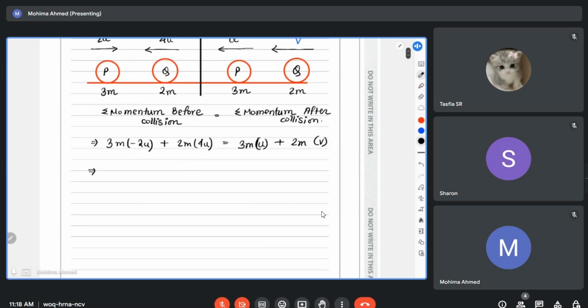If you just make v the subject, but before that, on the left hand side you have minus 6mu plus 8mu is equal to 3mu plus 2mv.